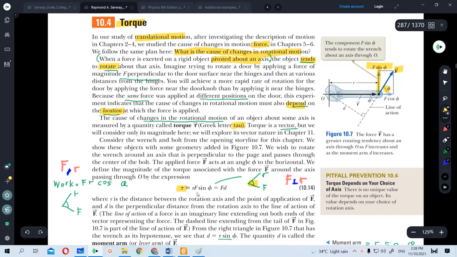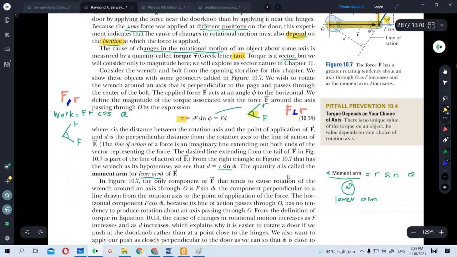And what is r? It is the distance from the axis of rotation to where the force is applied. The r sine theta is also called the moment arm or lever arm.